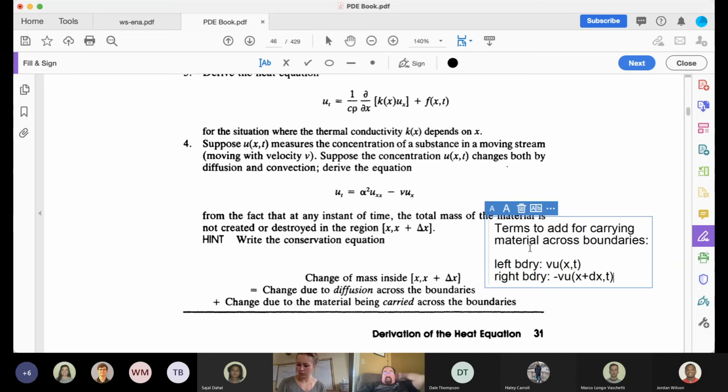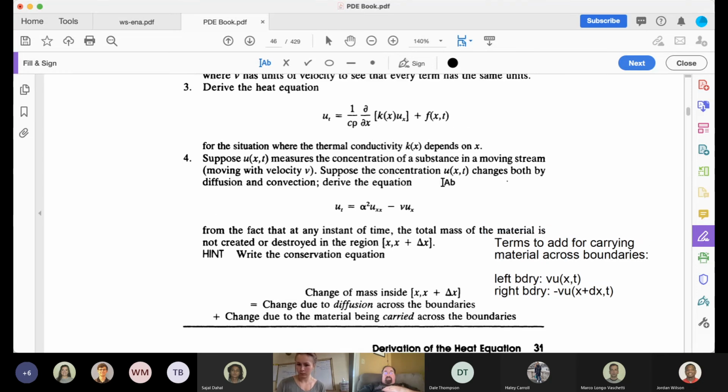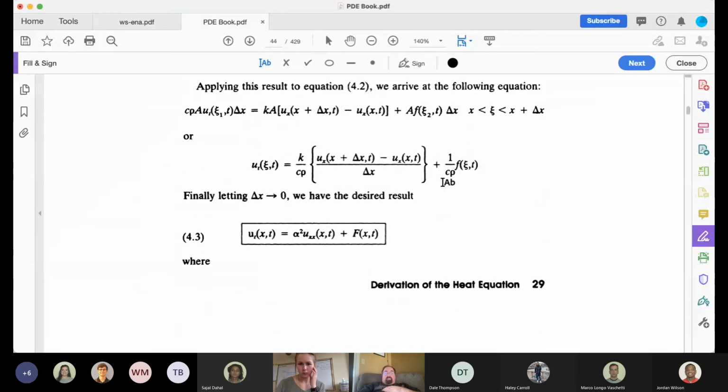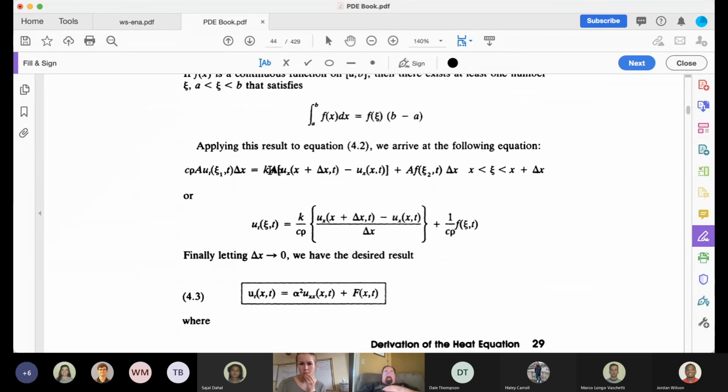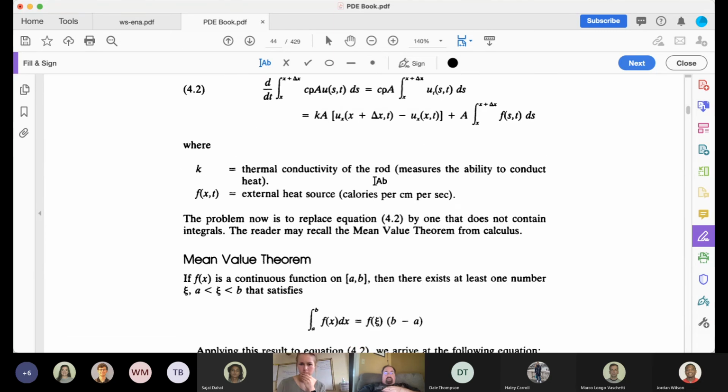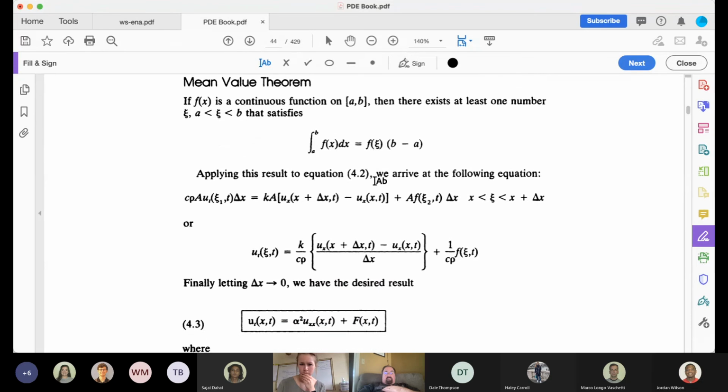Just as with the terms we dealt with last time, where I used a somewhat different approach than what was shown here in the book, you can use the same idea.